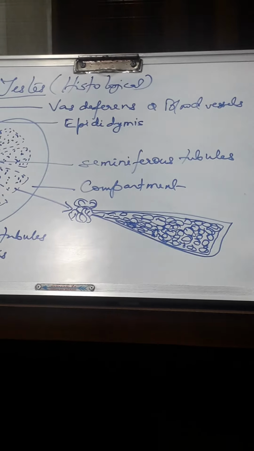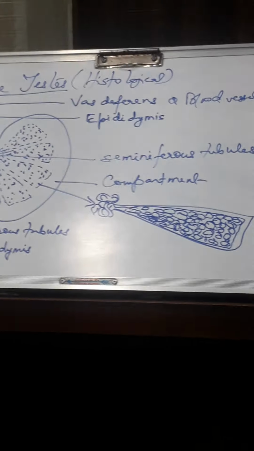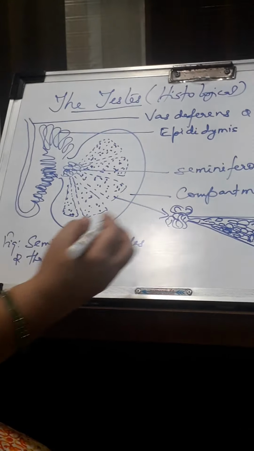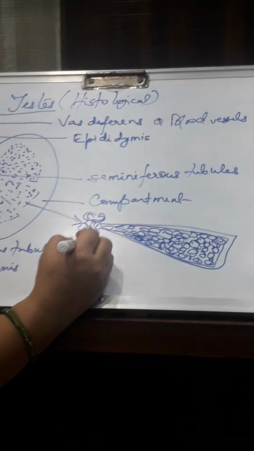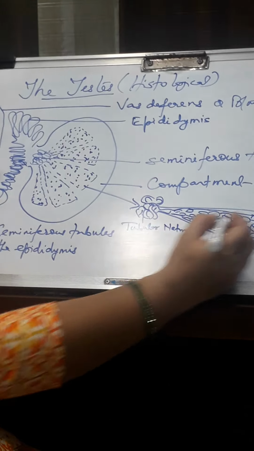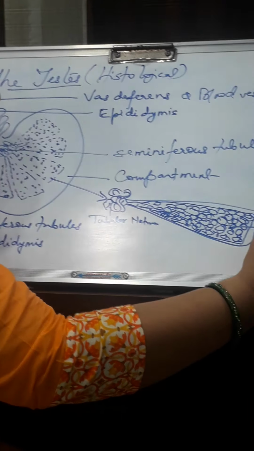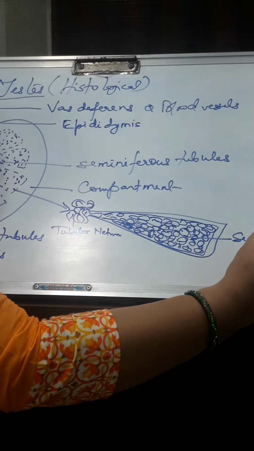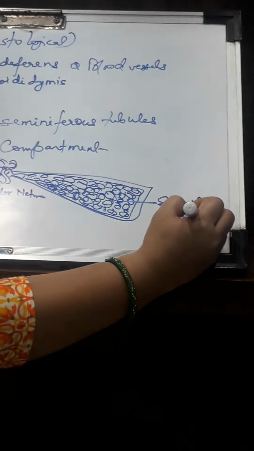Now this is the tubular network, and this is particularly the seminiferous tubule. Okay, get it drawn, children.